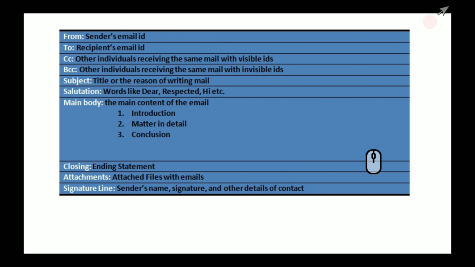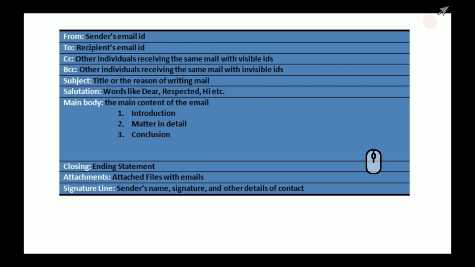But not actually, you do not have to give the address of the person or anything, just the problem that you're facing or the issue that you have, the matter, and the conclusion. The closing statement, what resolution you want, that also you can write.